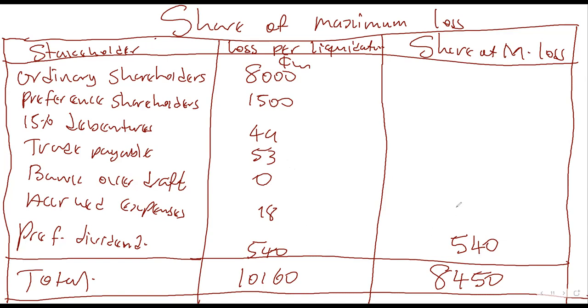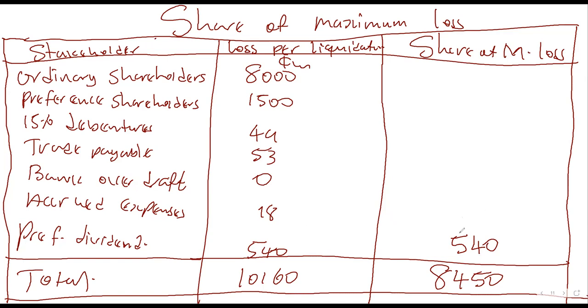Whatever is left, I'm asking the ordinary shareholders to lose it. So how much is left for me to share? It is discretional to me. I'm just asking the ordinary shareholders to bear the remaining loss, and I'll be very grateful. That is 7,910.